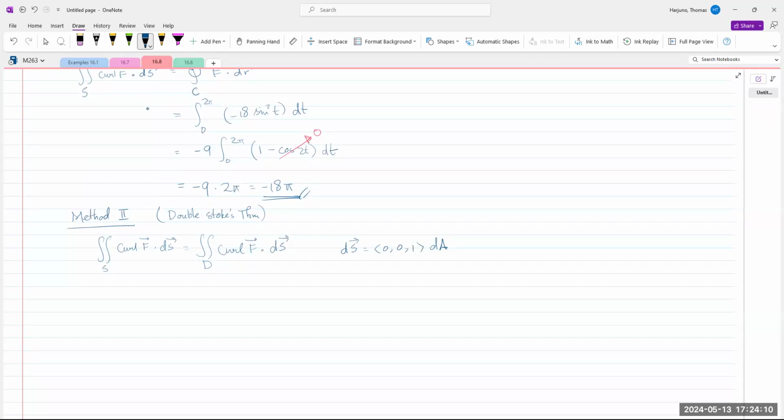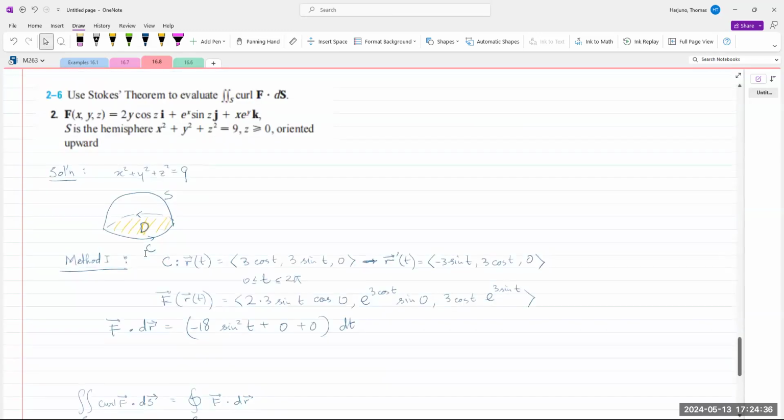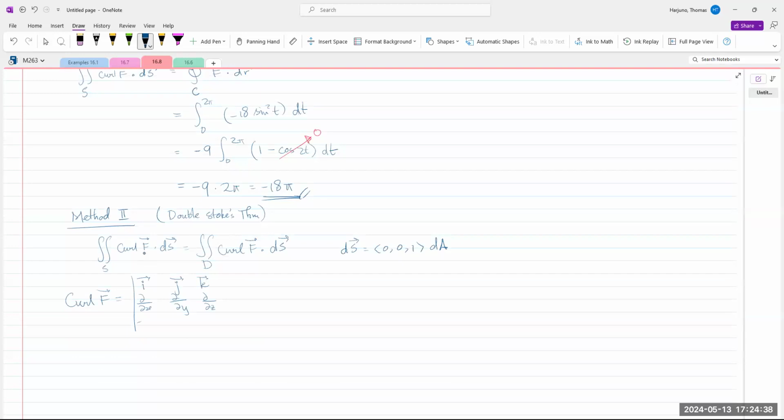Okay, what we need to do, however, is to compute the curl of F, right? But knowing we just need the last component of curl of F, so what is my, that's 2y cosine z.